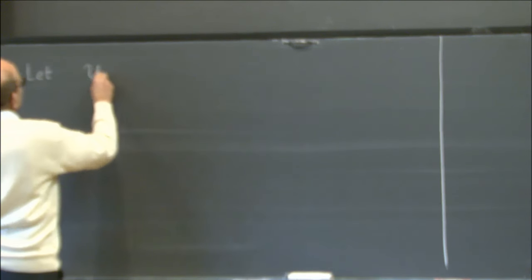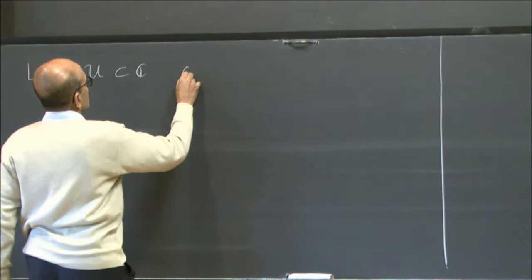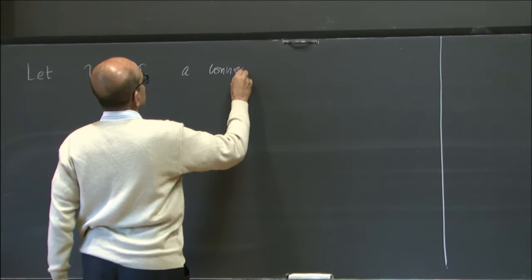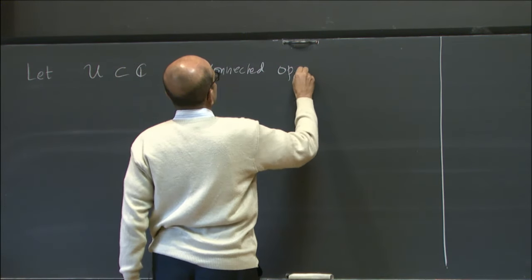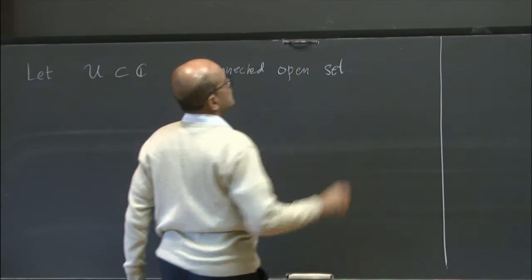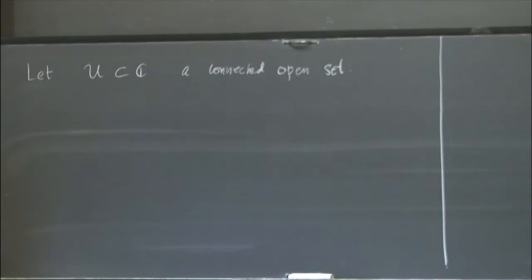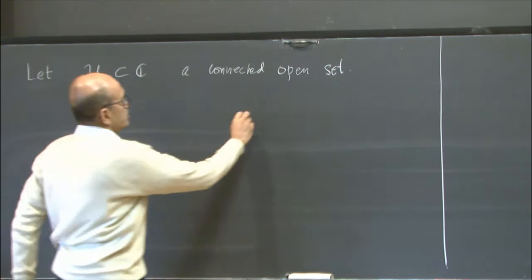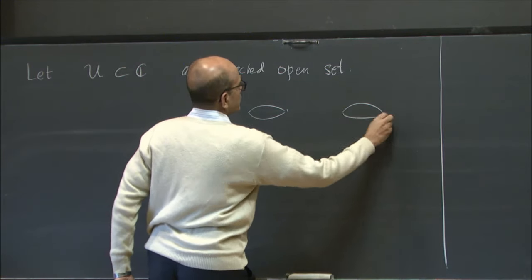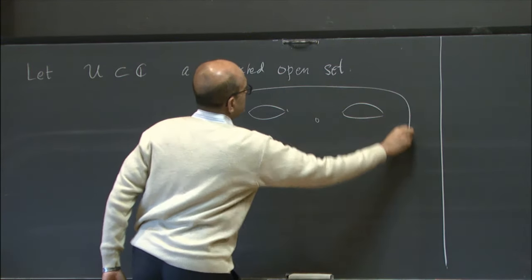So what is the situation? Let's look at U, a connected open set in the complex plane. So it has some homology, maybe some punctures and so on.